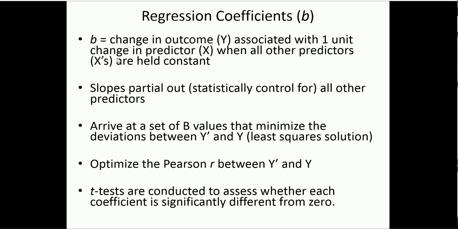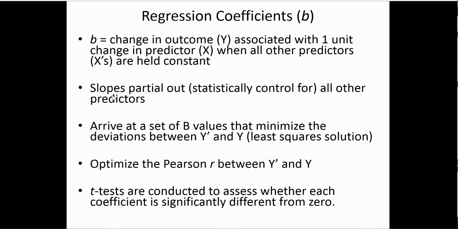So we have 3 predictors. Each predictor will have its own coefficient, and it will be interpreted as basically the unstandardized regression slope for that predictor when the other ones are statistically controlled for or held constant. So it's important to note that the slopes or coefficients partial out or statistically control for the other predictors that are in the equation.